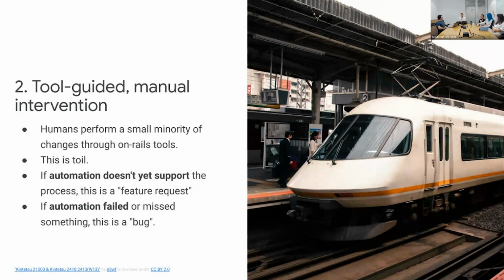That's a human going into some dashboard somewhere, clicking the rollback button, watching it and making sure that it completes. Toilsome, it's slow. Maybe you click the wrong button because you rolled back the wrong thing. You never want the human to have to get involved there. In that case, we file a bug saying, hey, our test suite missed this bug. Let's add that use case to the test suite so we never miss it again.